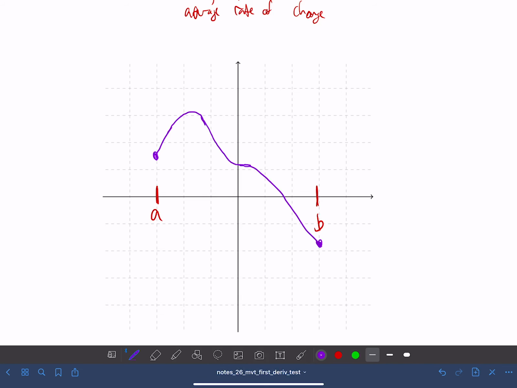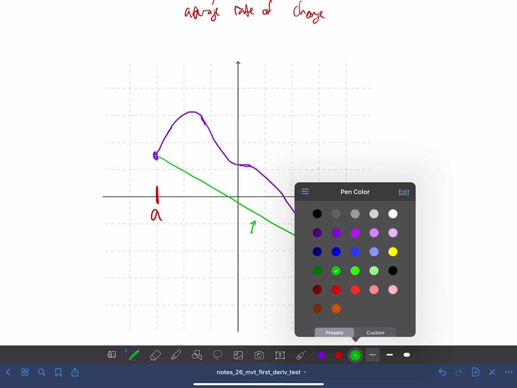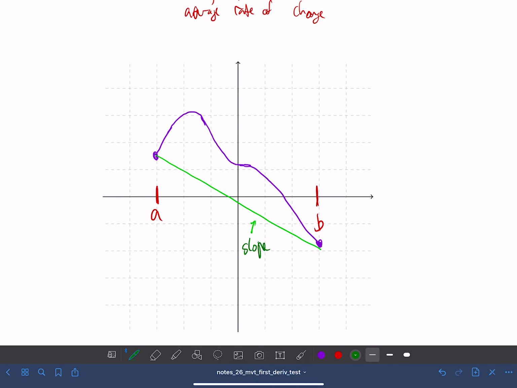Okay, so I'm going to draw the line that connects these points. The slope of that line is the average rate of change over a to b.